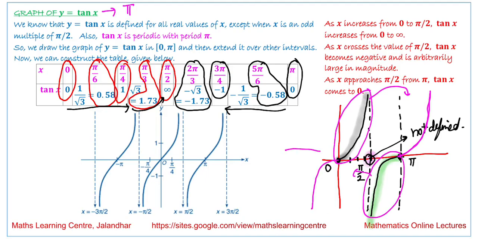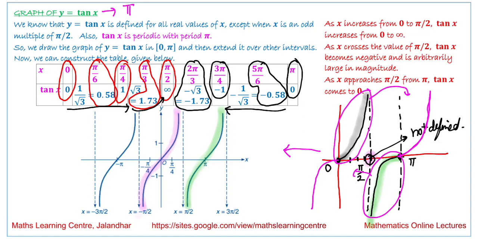So the graph of tan x is obtained in this form: from minus pi by 2 to pi by 2, the values increase from minus infinity to infinity, and then from pi by 2 to 3 pi by 2, the values again increase from minus infinity to infinity. So this is the graph of the function tan x.